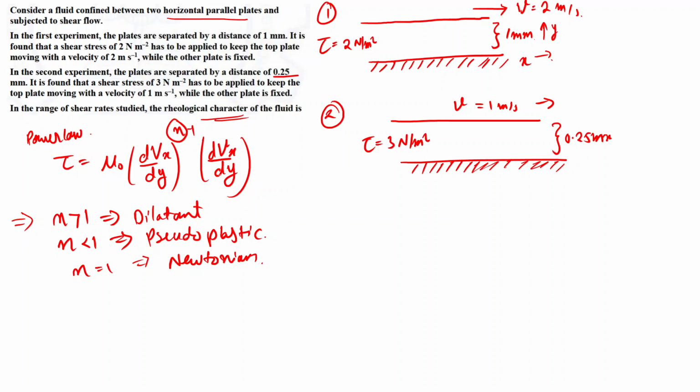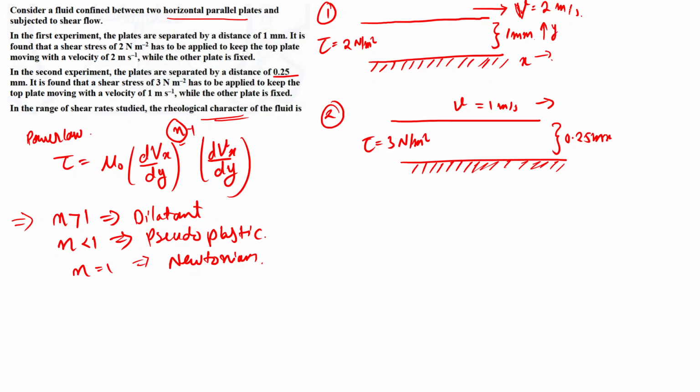So to find the rheological character, we need to find the value of n. For that, we will be using the provided information. First we have been given the change in the velocity that is occurring. Initially the velocity was 0, then we applied the shear stress of 2 Newton per meter square, and then the velocity became 2 meter per second.